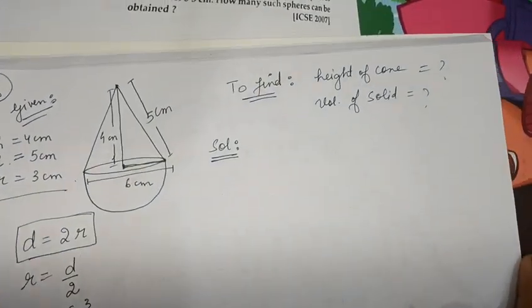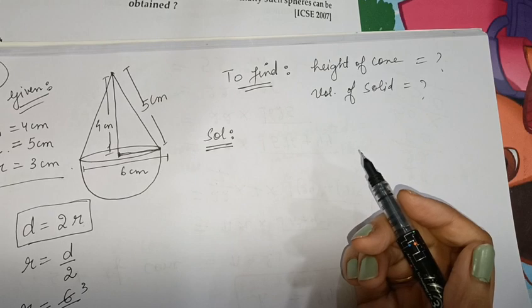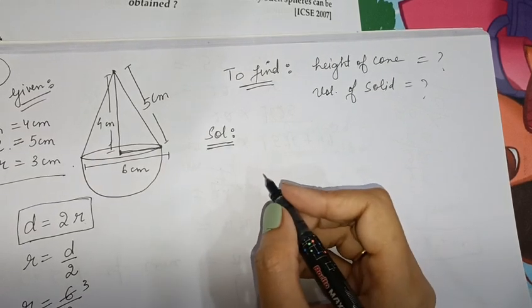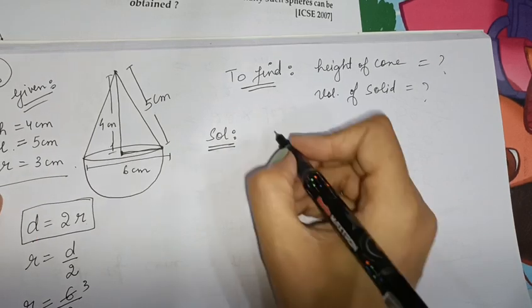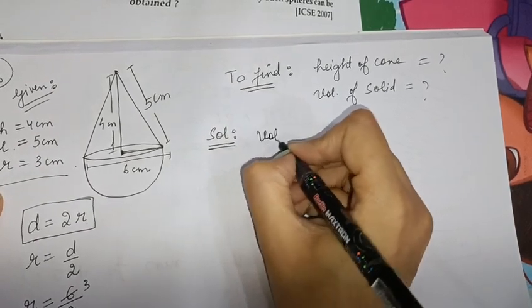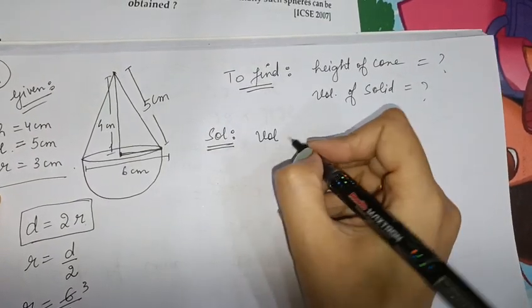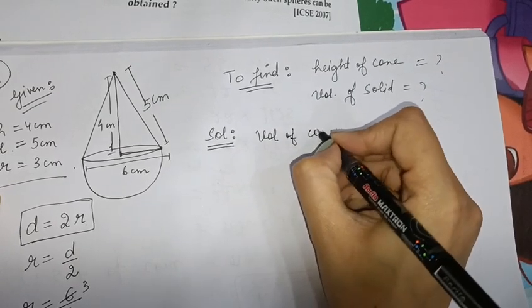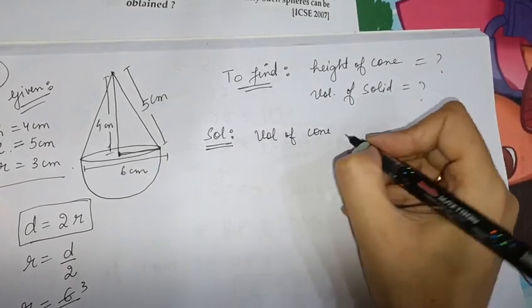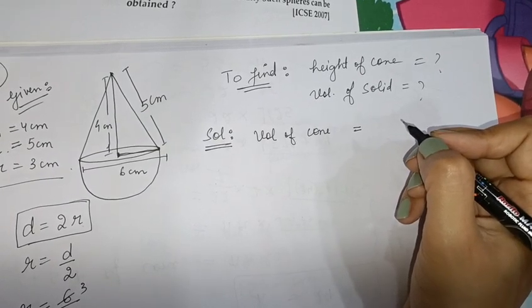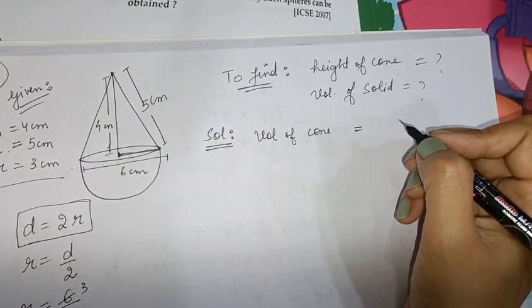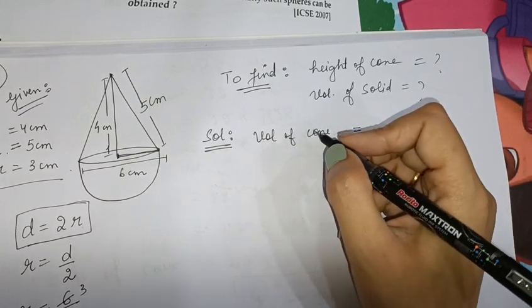Now let's do it. First of all, the height of the cone we have to find. So how to find the height now? The volume formula of the cone we know, because the cone has two formulas. The first formula is for surface area and the other formula is for volume.